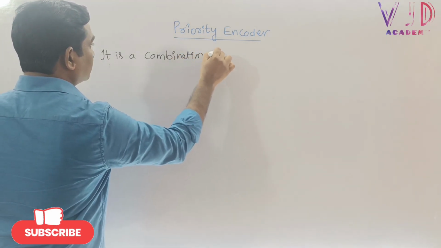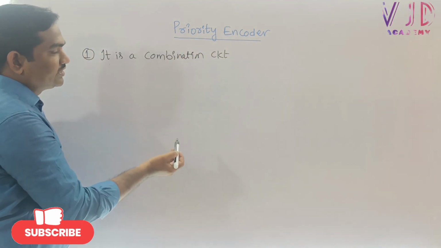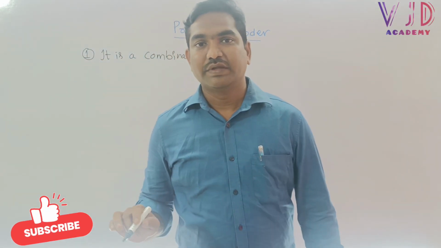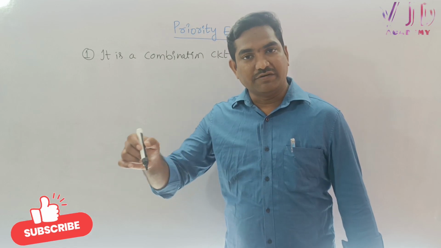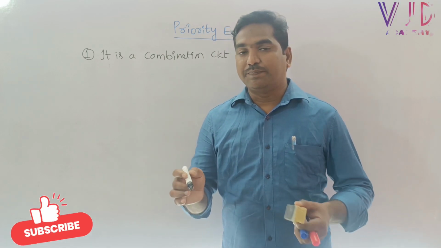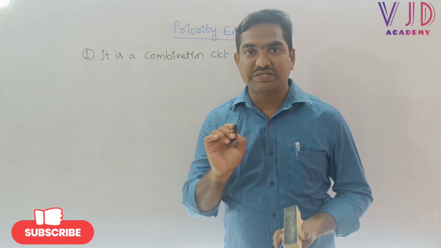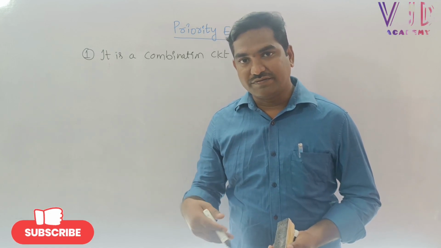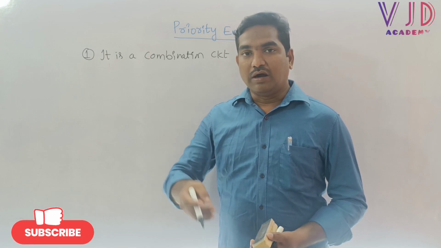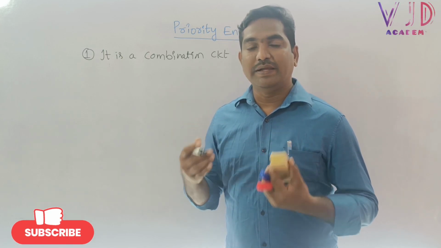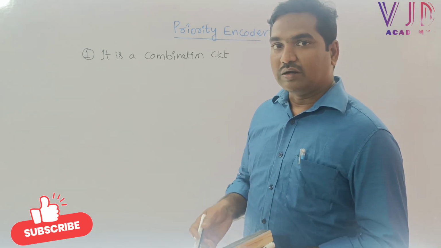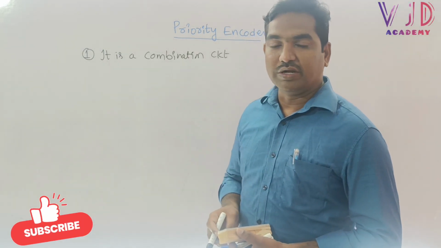Even this priority encoder does not have any kind of feedback. It also does not have any kind of memory, its present output depends completely on its present input, and it should not have any kind of synchronization. All the principles applicable to a combinational circuit are applicable even to a priority encoder.